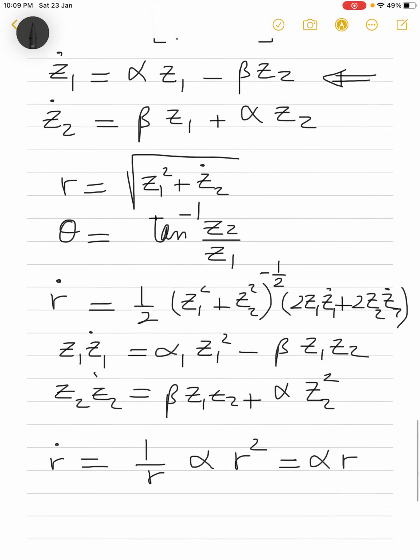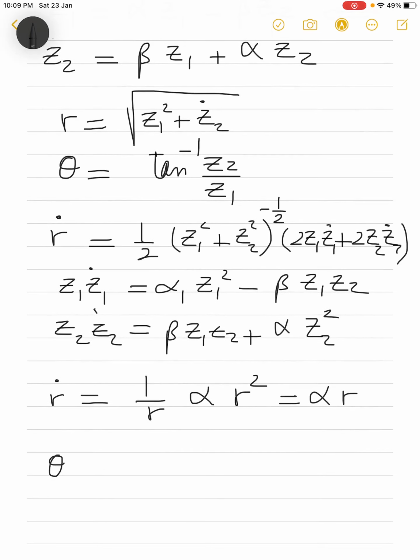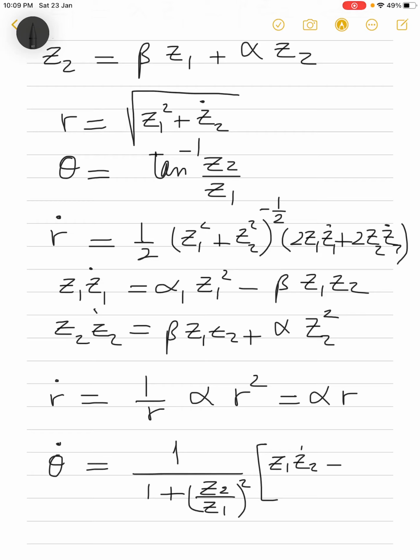We can also calculate theta dot. Theta dot would be 1 over 1 plus z2 over z1 all squared. That's multiplied by z1 z2 dot minus z2 z1 dot, and this is divided by z1 squared.